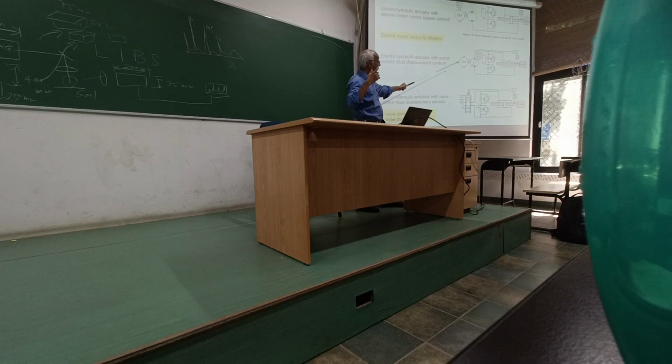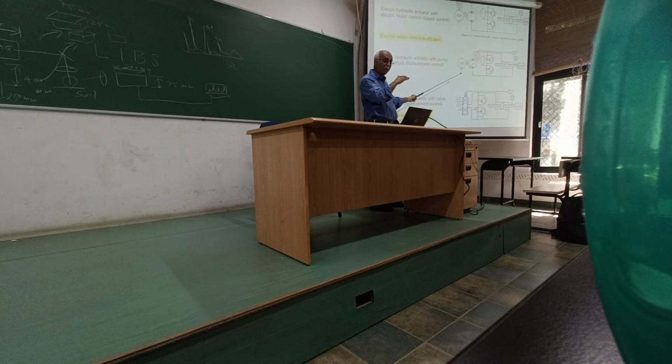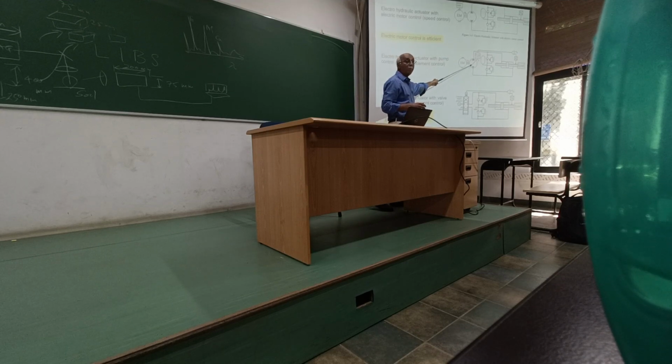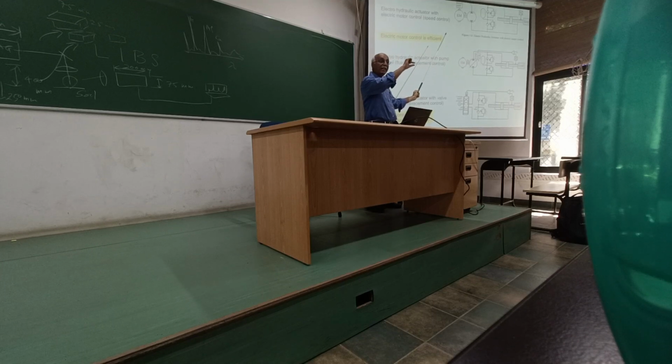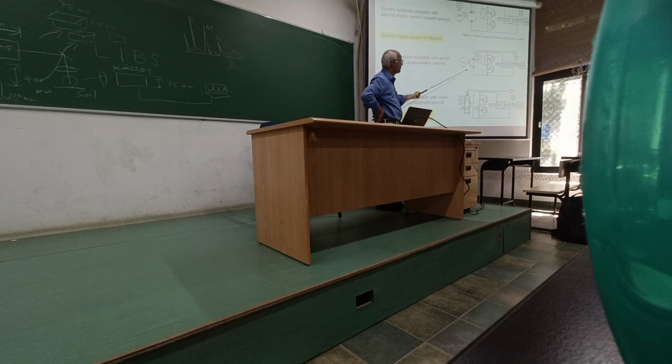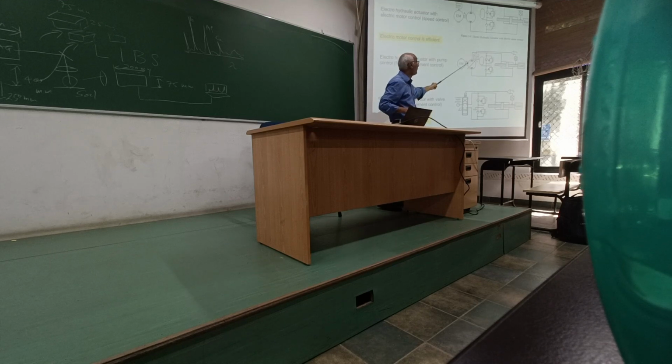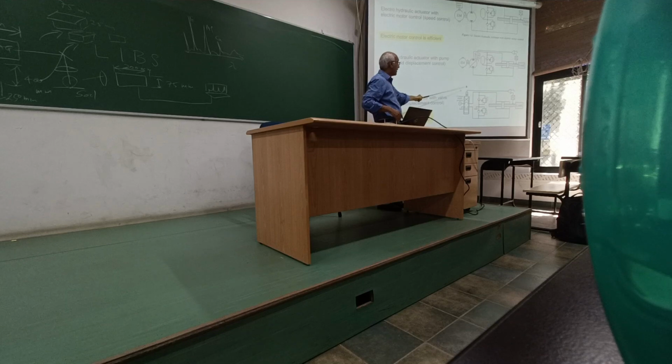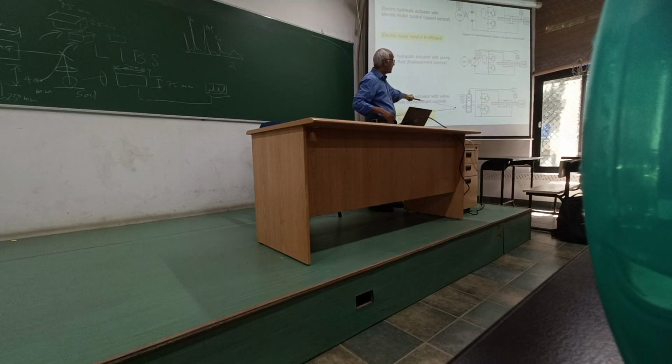Or we can incorporate some type of variable pump system, variable speed, or connect a pump flow control valve, which will allow more fluid to just bypass or go out of the system, and control the flow to the hydraulic actuators. This is another way. And the third way is to control the directional control valve itself.